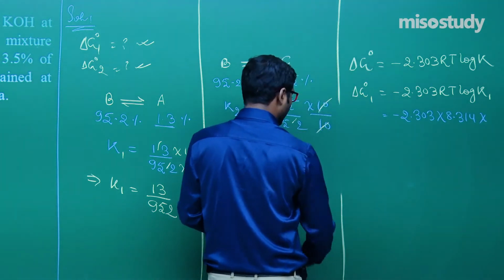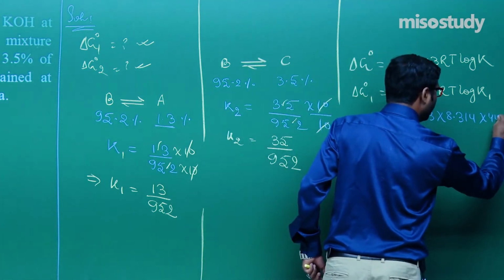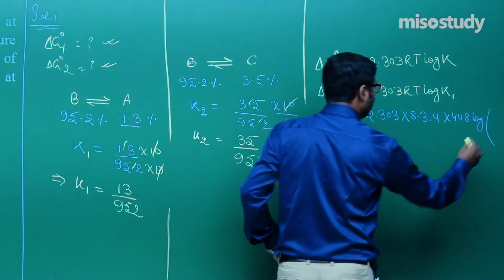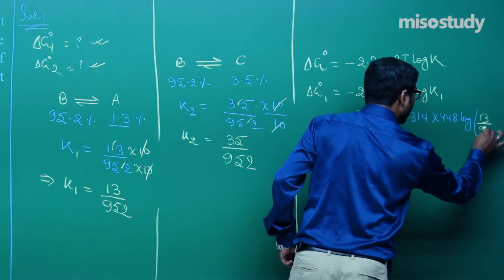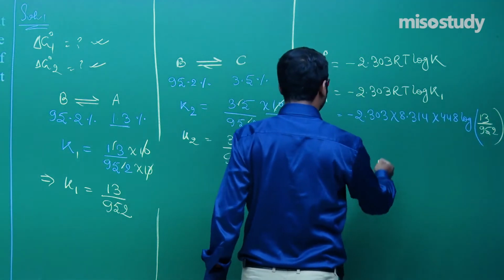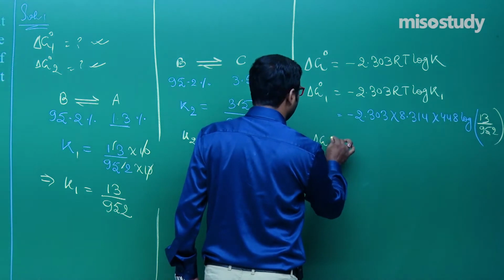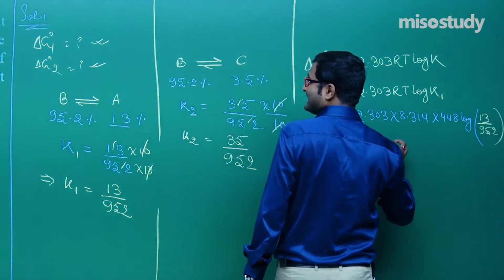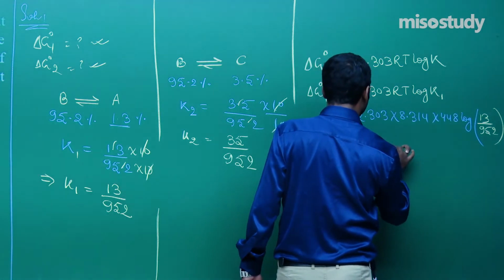Now put this value, that is 448, log, what is the value of K1 according to the question? 13 upon 952. Is it visible to you? Now after solving, what will happen? We will get the answer around 16 kilojoule.